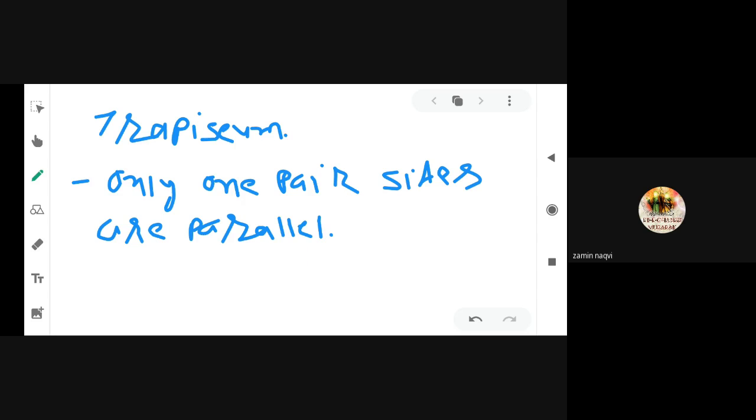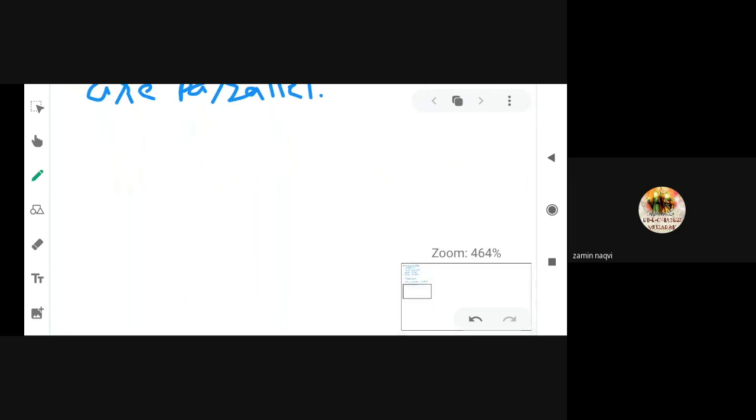There is only one argument in favor of trapezium for proving this square as trapezium. Okay. Then third, we have to prove square as rhombus.